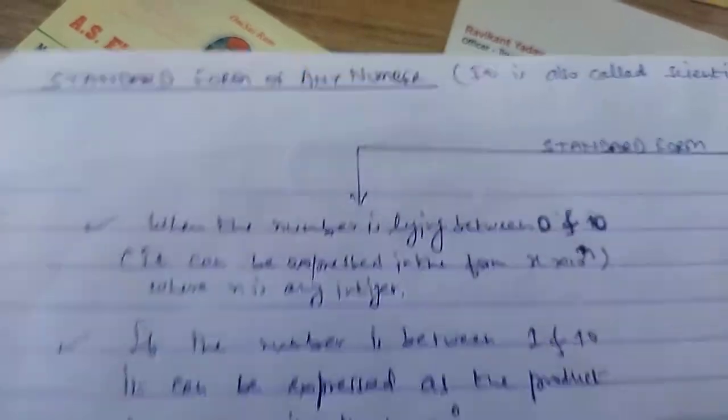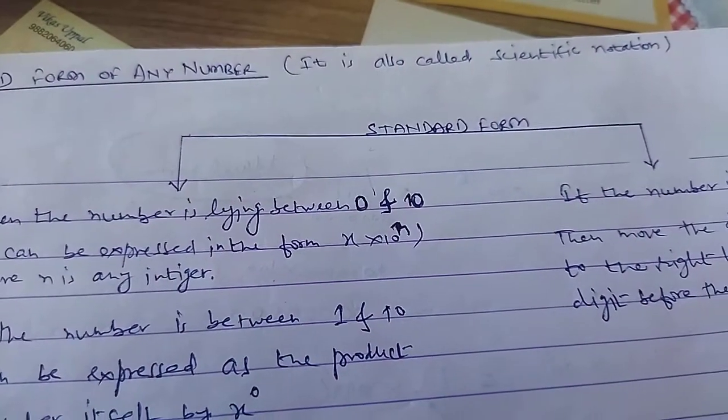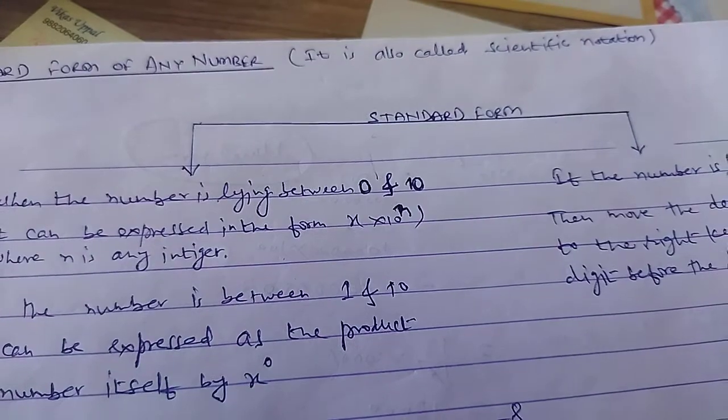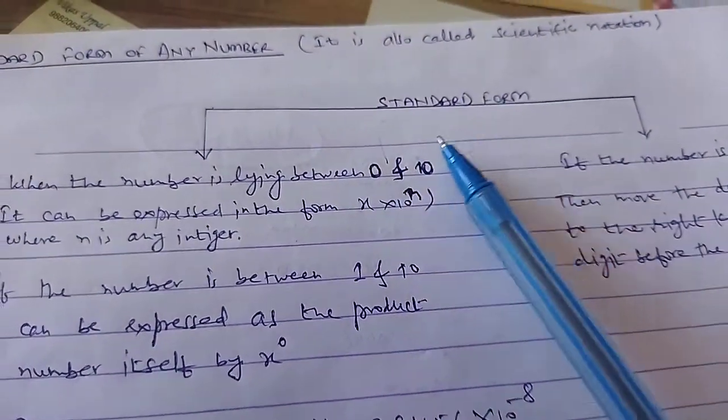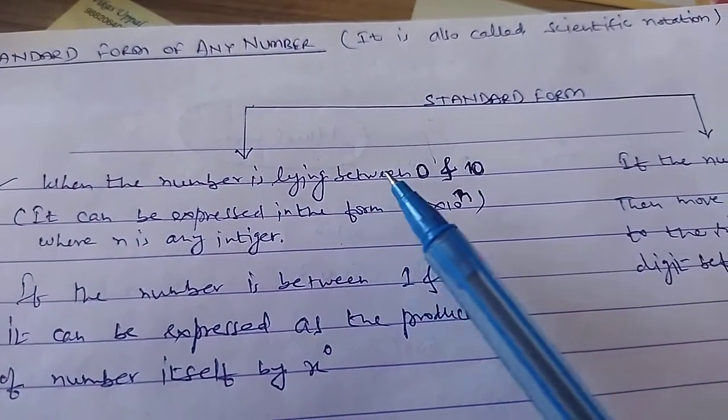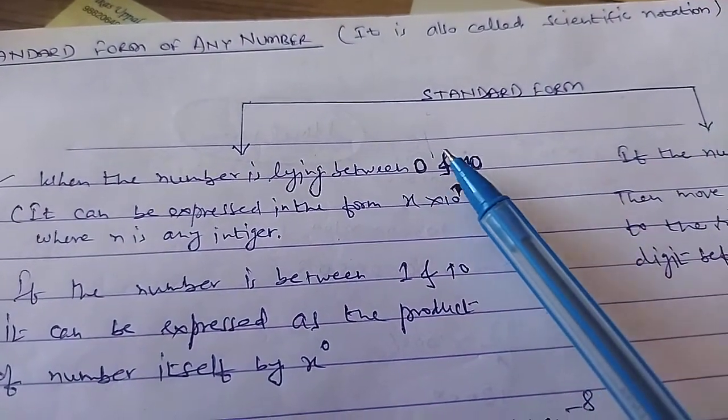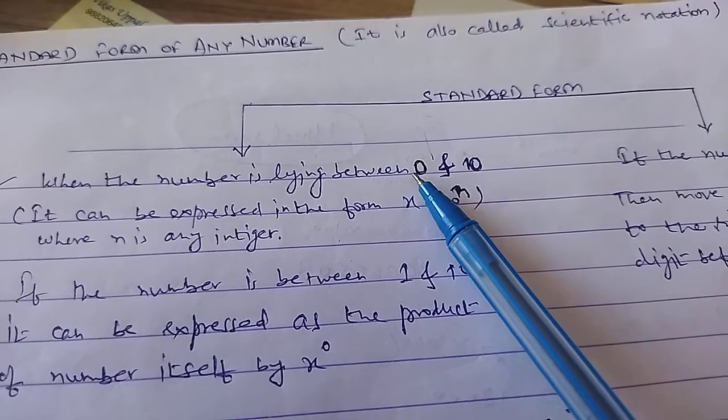Look at this. What we actually have to do is write the given numbers in standard form. You can see, standard form I can express like this: there are two things, whether I have to check the number is lying between 0 and 10.